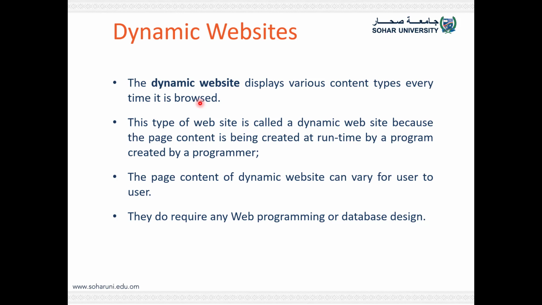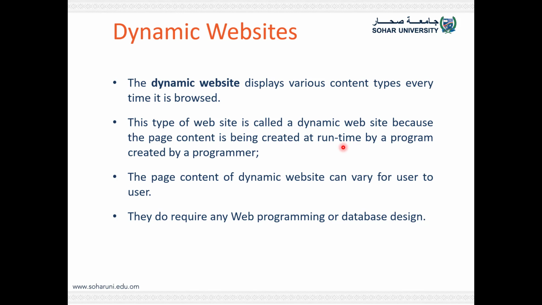When you access it, it is different from one student to other students, because if we are in level 1, it will display level 1 courses, but level 4 students will register level 4 courses, for example. So it's different content from one user to another.